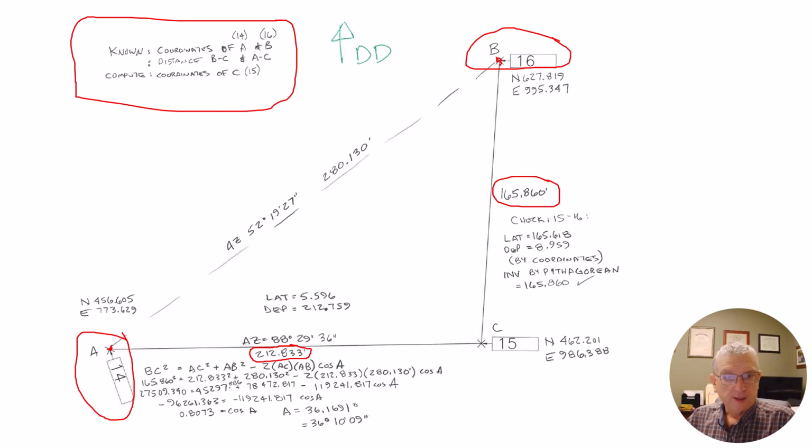So we start with feeding the law of cosines in, which says that b squared equals ac squared plus ab squared minus 2 times ac times AB times the cosine of A. Now notice the reason that we use the law of cosines in a distance intersect is that we have all of the variables in this equation except for the cosine of A. So B to C is 165.86, A to C is 212.833, and A to B is 280.130.